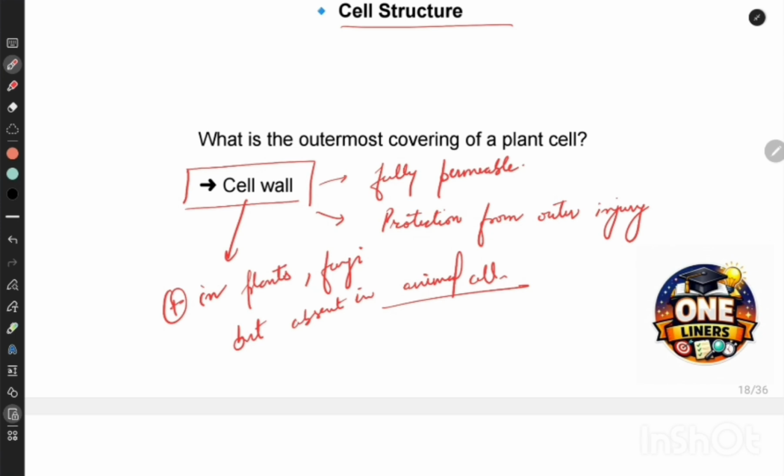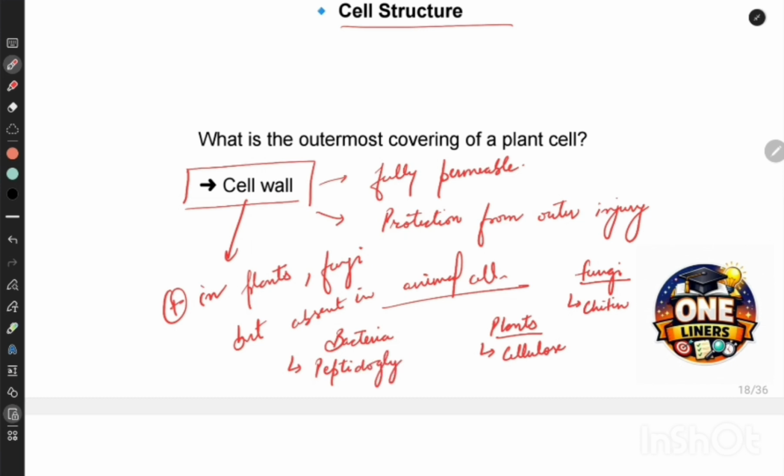And cell wall in plants is made up of cellulose. In fungi, it is made up of chitin. And in bacteria, it is made up of peptidoglycan. Okay, so remember it.